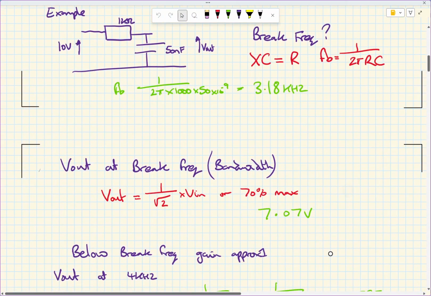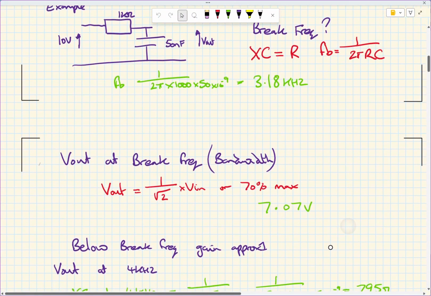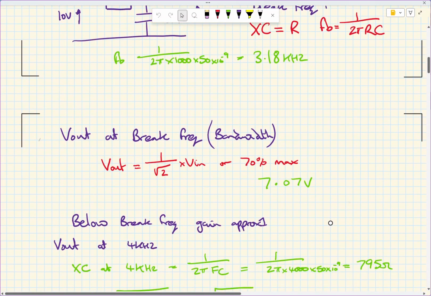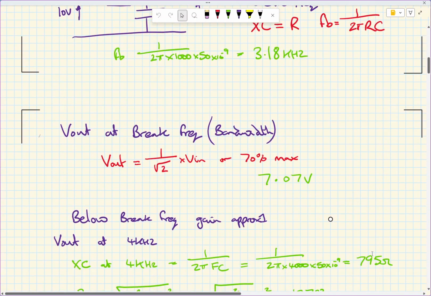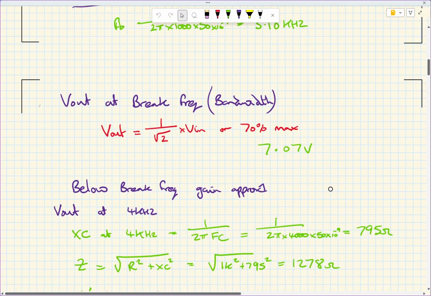If we look at what it's going to be at 4 kilohertz, we need to work out what the reactance of the capacitor is at 4 kilohertz. Then we can pop that into our impedance calculation to work out what the impedance of the circuit is going to be, so the combination of resistance and reactance.